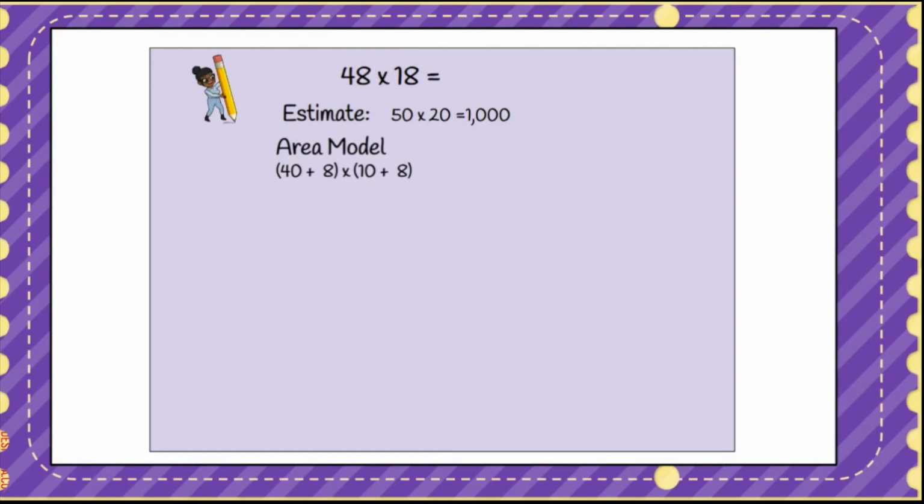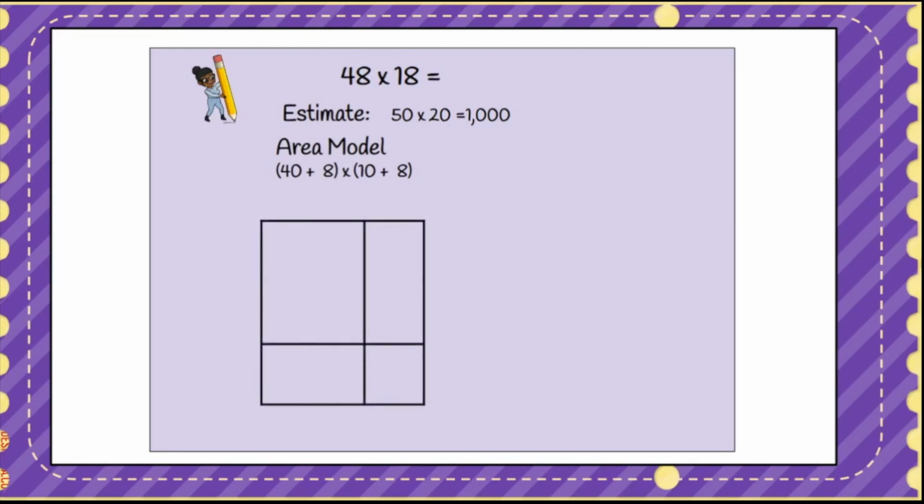Let's start with the area model. I decomposed 48 into 40 plus 8 and 18 into 10 plus 8. Let's set up our problem. Here's 40 and 8, and we're going to represent 10 and 8 on the top.